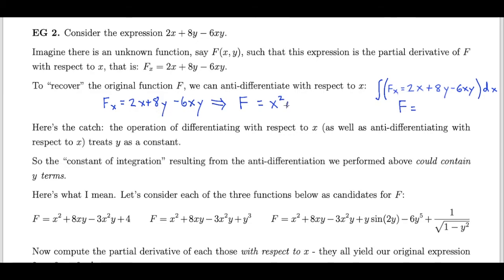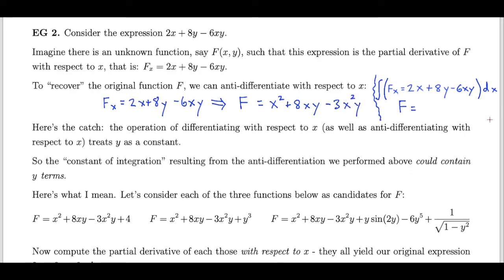I'll write that as 8xy. And then this third term, when I anti-differentiate it, I again treat y as constant. So since the anti-differentiation process that we're doing now is with respect to x, I simply look at the 6x, add 1 to the power, divide by the appropriate power, and this term becomes negative 3x squared y.